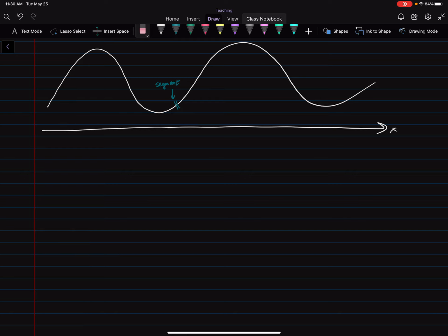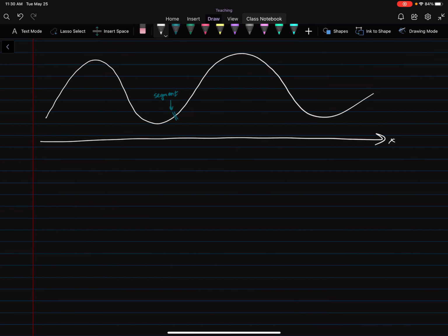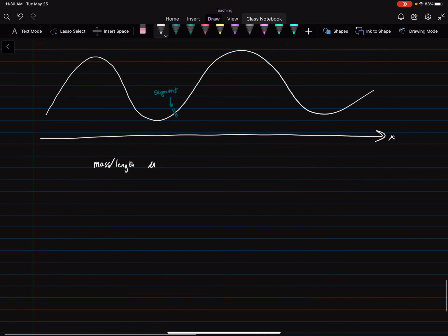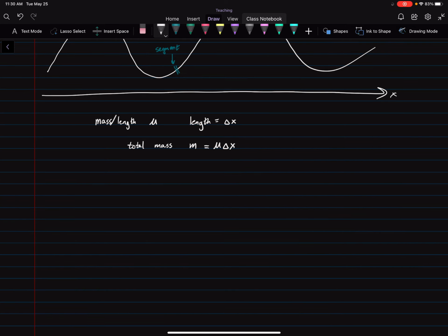So let's give the string a mass per unit length, mu, which means that if our length is equal to delta x, then our total mass, m, is equal to mu times delta x, the mass per length times the length.